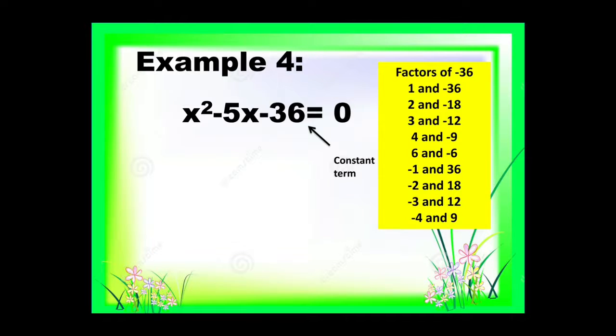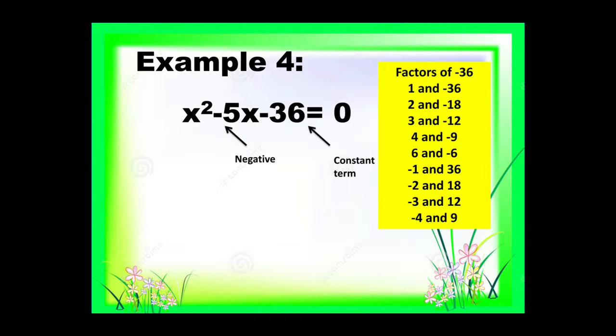We have 1 and negative 36, 2 and negative 18, 3 and negative 12, 4 and negative 9, 6 and negative 6, negative 1 and 36, negative 2 and 18, negative 3 and 12, and negative 4 and 9. The sign of the middle term is negative.